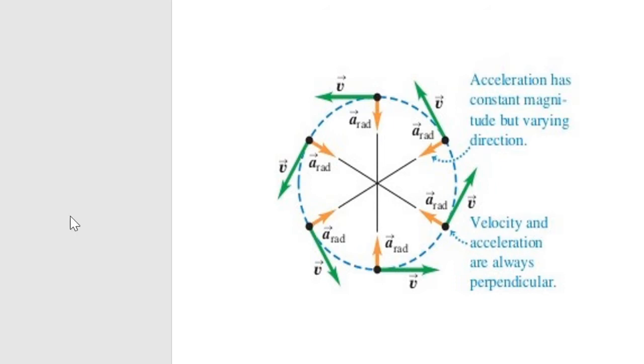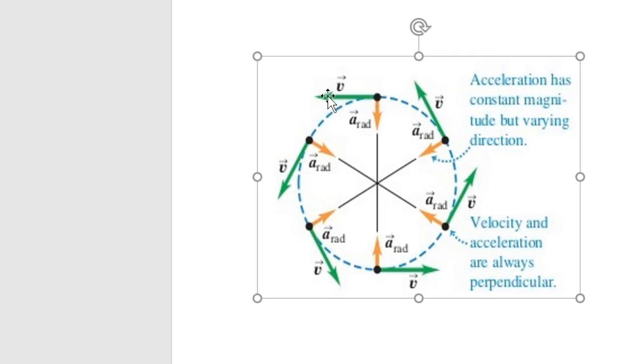Now here once again I've tried to show you with the help of this diagram how the acceleration is changing. Look at this point, the northmost point, the arrow which is shown in green depicts the velocity of the body, right?